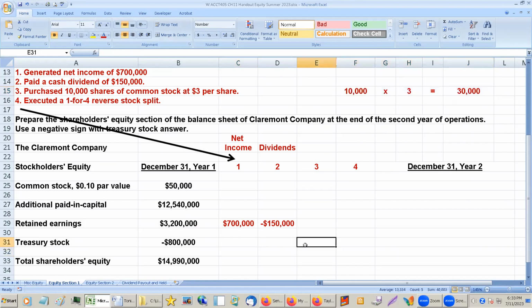Now this is treasury stock, and you'll see here, use a negative sign with the treasury stock. So this is reducing the ownership by 30,000. We bought this back.